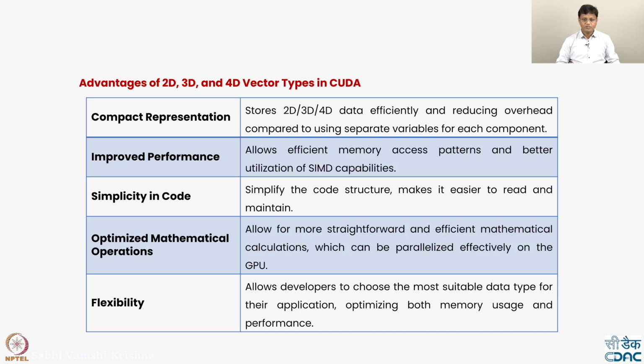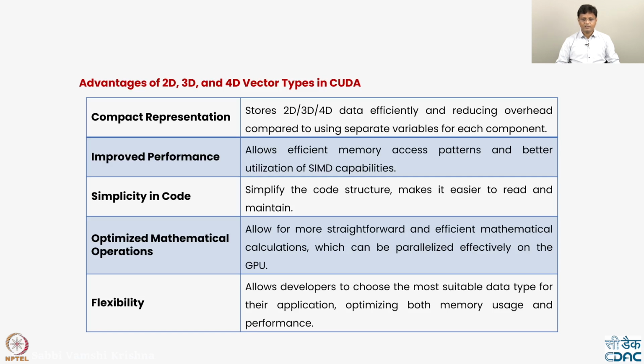It provides simplicity to code, meaning that instead of declaring multiple variables, suppose in the 3D case we have to define 3 variables, I can declare only one variable and keep all the values related to that particular object. So it gives you simplicity to code, that means it is easier to read and maintain.